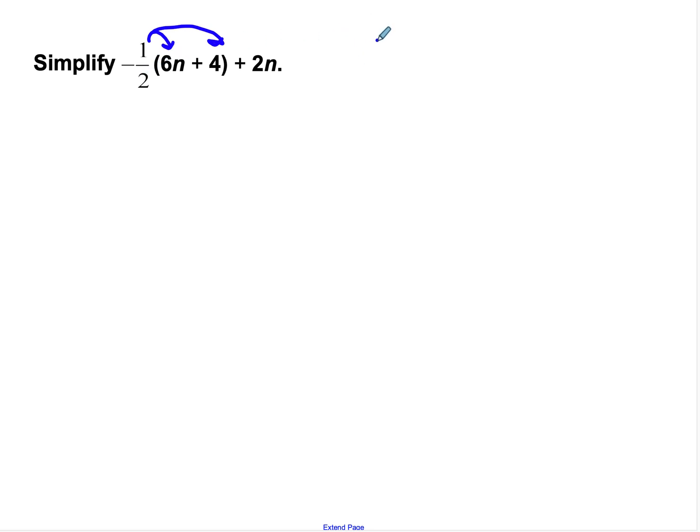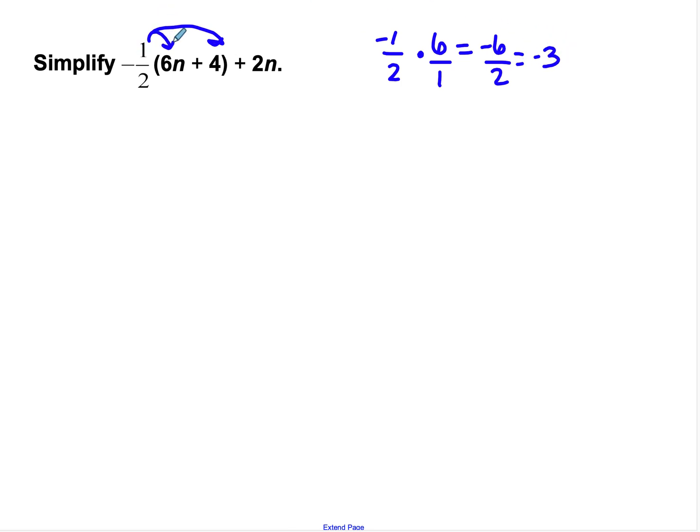Off to the side here, just to show my work, I'm going to show you negative 1/2 times 6 over 1. Instead of just 6, I'm going to write it as 6 over 1. If I multiply straight across, negative 1 times 6 is negative 6. 2 times 1 is 2. Negative 6 divided by 2 is negative 3.